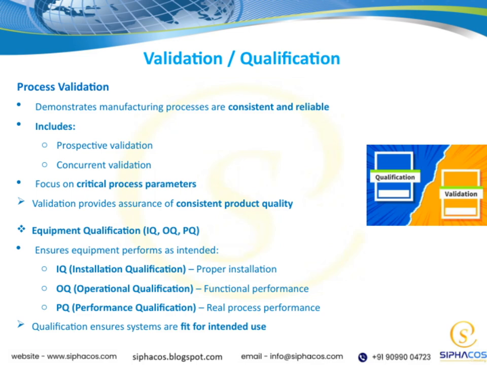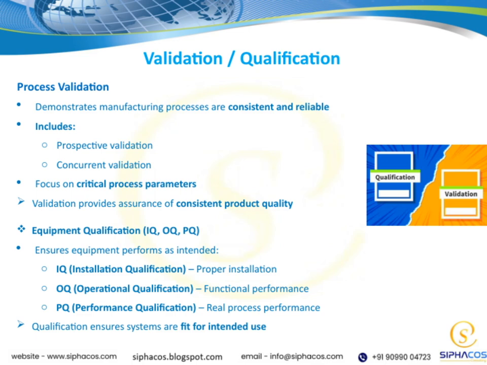Lastly, PQ, or performance qualification, focuses on testing the equipment under real process conditions to ensure it consistently produces the desired results. Qualification is critical because it ensures our systems are fit for their intended use, providing confidence that everything is set up correctly and working properly.